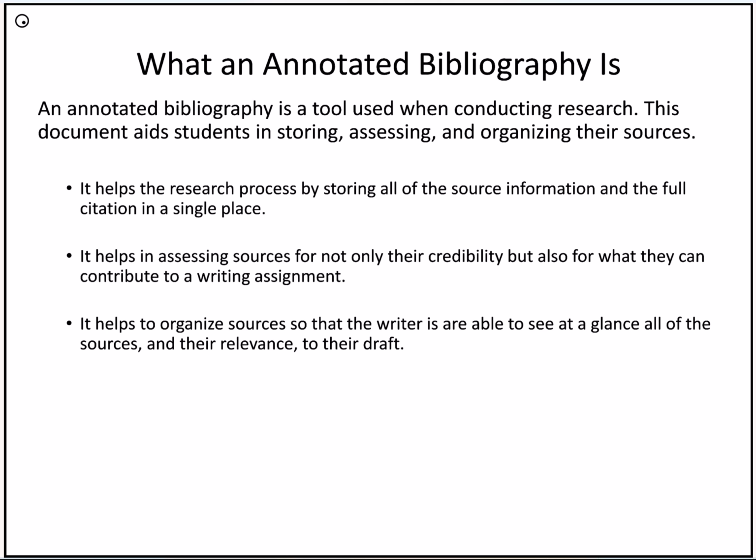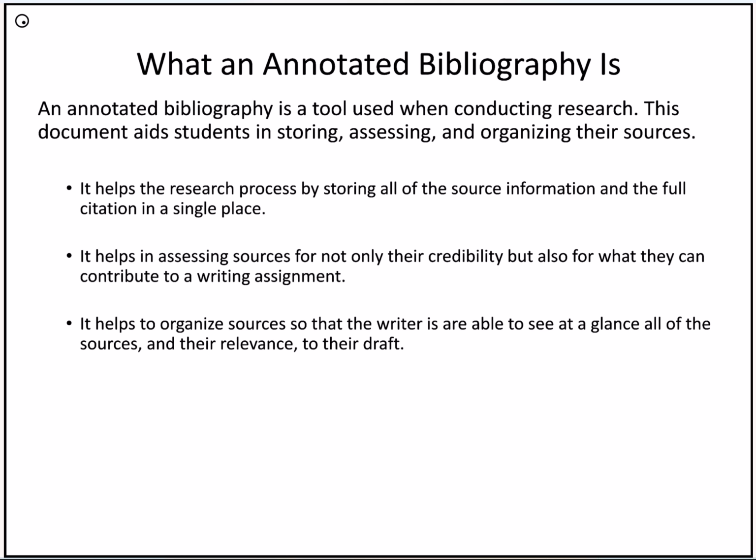And the annotated bibliography is a way of gathering data, organizing data, analyzing data, and beginning to think about how you would use it in your paper, so that when you sit down to write your research paper, you're spending less time researching, less time analyzing, and you already have an idea of what you're going to put into your research paper and how all your sources fit together.